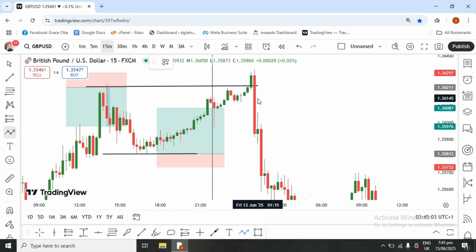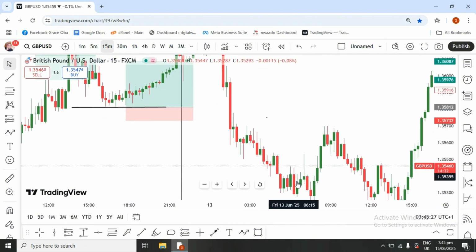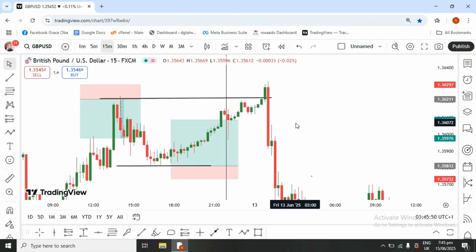In an uptrend, they swept off the liquidity from here and the market aggressively rallied down, of course, taking off the SL of these buyers residing below the support level, then continued the downward movement. So that's an example of how you can identify liquidity in the market and how it is swept by smart money.